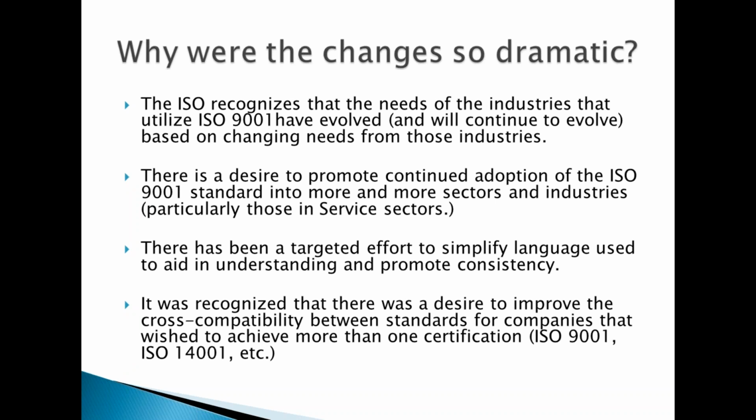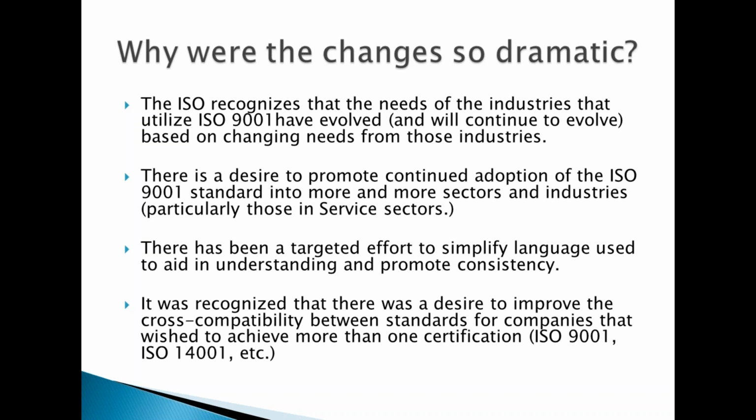Now, as to why the changes were so dramatic this time, why did we go from 8 sections to 10? Why did risk get introduced? What are all of these changes about? Well, the ISO recognized that the needs of the industry that use ISO 9001 have changed.